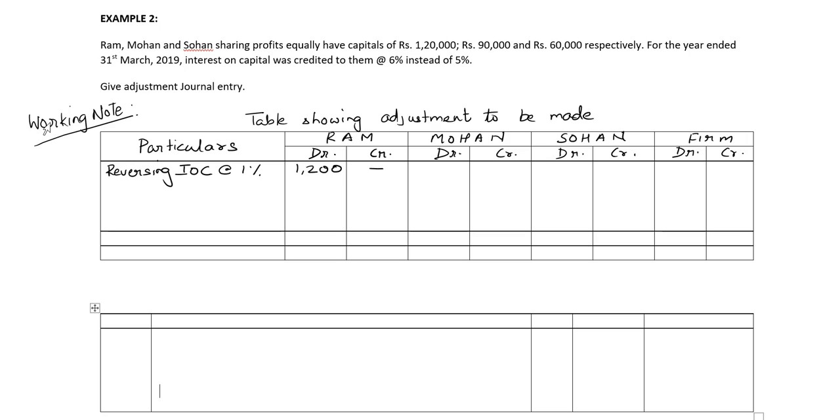For Mohan, 1% of 90,000 is rupees 900. And for Sohan, 1% of 60,000 is rupees 600. Now we need to total these amounts, 1,200 plus 900 plus 600, which is equal to 2,700, and put it in the credit column of the firm.